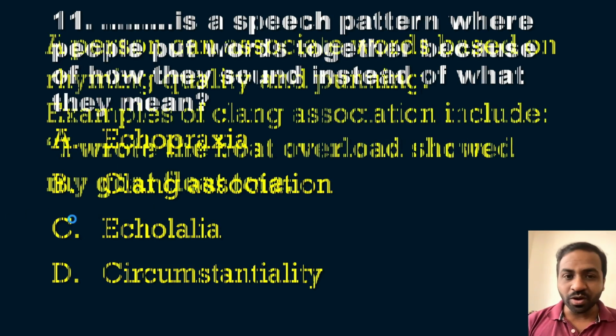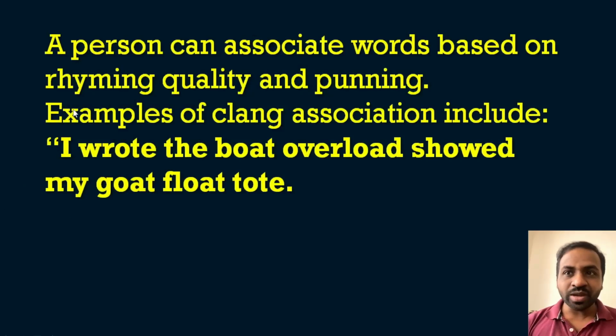Clang association. So what do you mean by clang association? A person can associate words based on the rhyming quality and tuning. An example of clang association is a sentence I have written for you: wrote, boat, overload, showed, any, goat, float, toad.